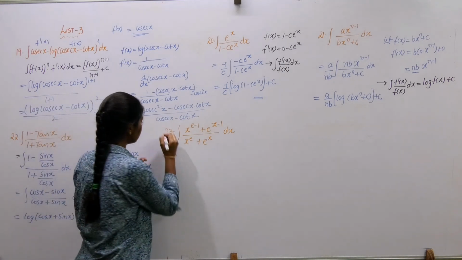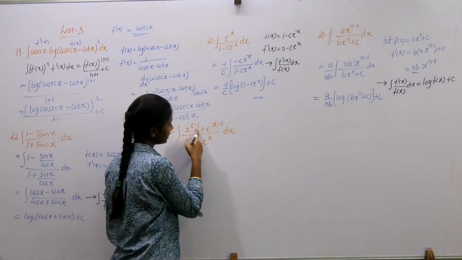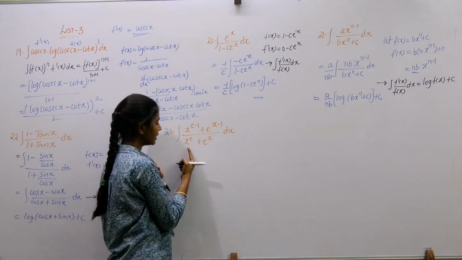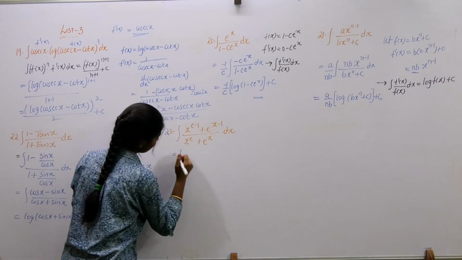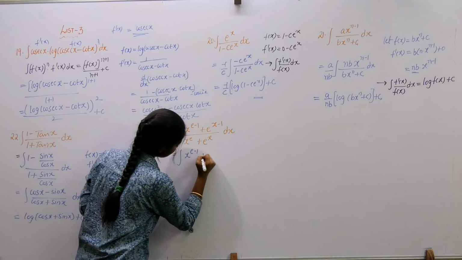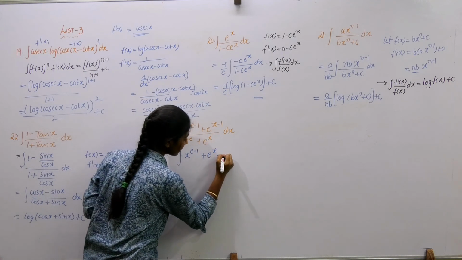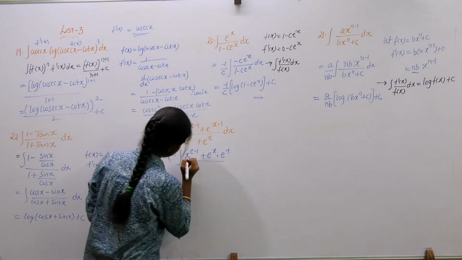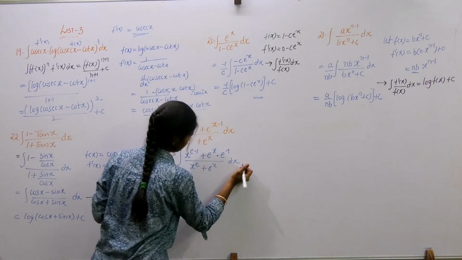Next, the 23rd one. It is given as integral of (x e power minus 1 plus e power x minus 1) whole divided by (x power e plus e power x) dx. To solve this, let me write x e power minus 1 plus e power x minus 1 as x power e minus 1 plus e power x into e power minus 1, over x power e plus e power x dx.